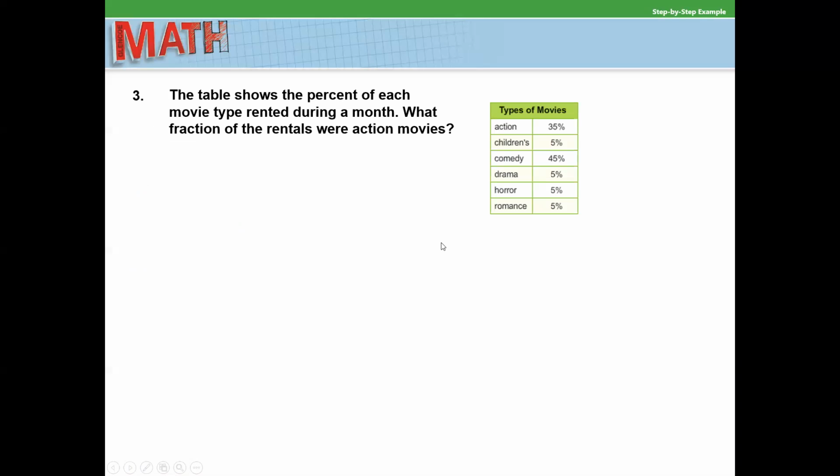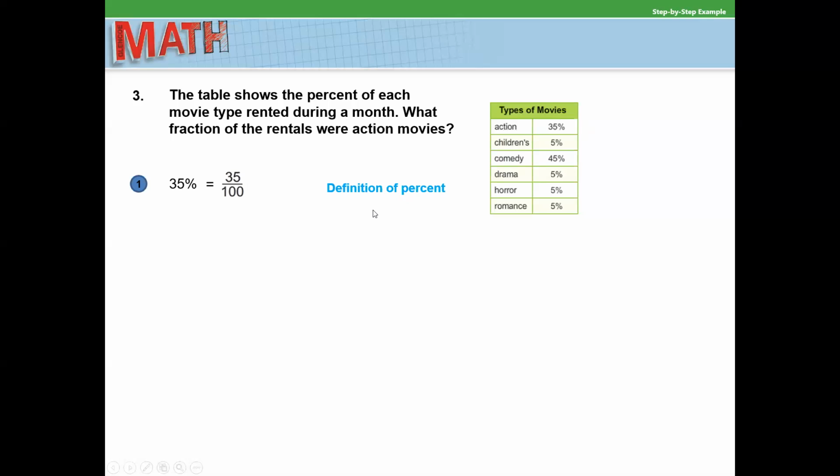Number 3, the table shows the percent of each movie type rented during a month. What fraction of the rentals were action movies? Types of movies: action movies, 35%. 35% equals 35 parts per 100.